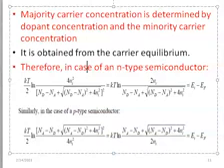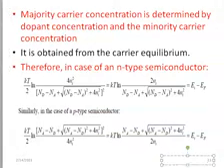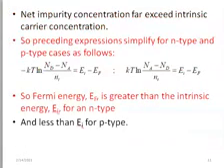The square and the square root will cancel out. So you will be left with kT ln of ND minus NA plus another ND minus NA. And of course, that will give us 2ND minus 2NA. Factorize the two and cancel it with this one on top. So your expression for n-type semiconductor will be like this.